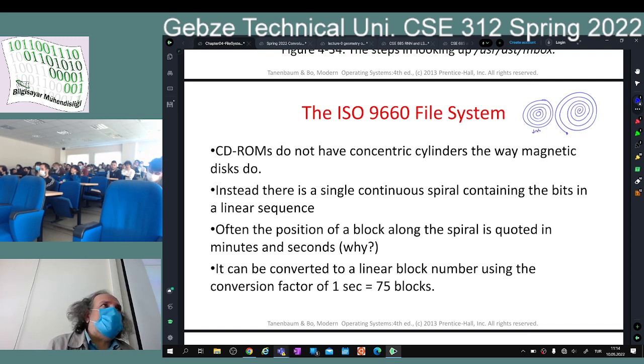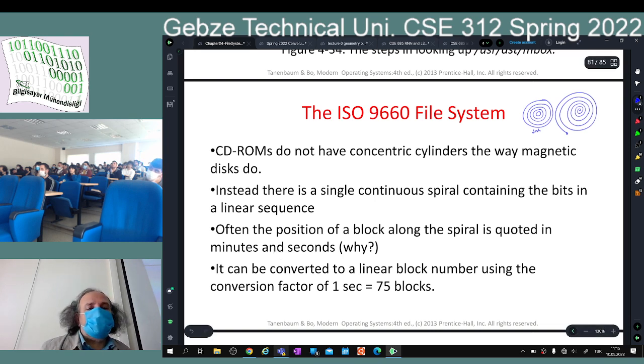We just say that, let's say, one CD-ROM holds 100 minutes of sound. You say that I need to go to minute number 72, second number such and such. So you address your position on a CD-ROM by minutes and seconds, because they are designed this way.